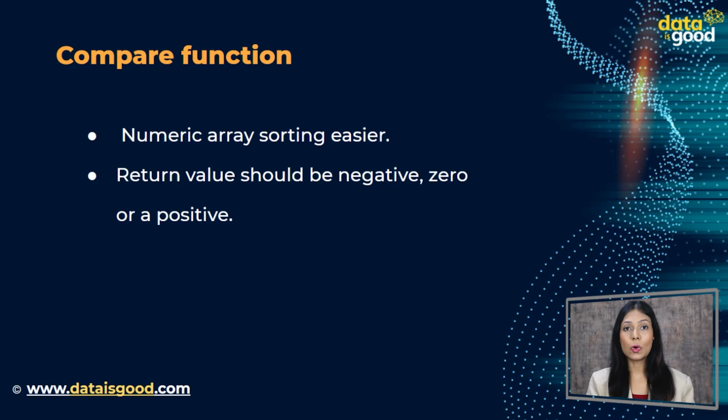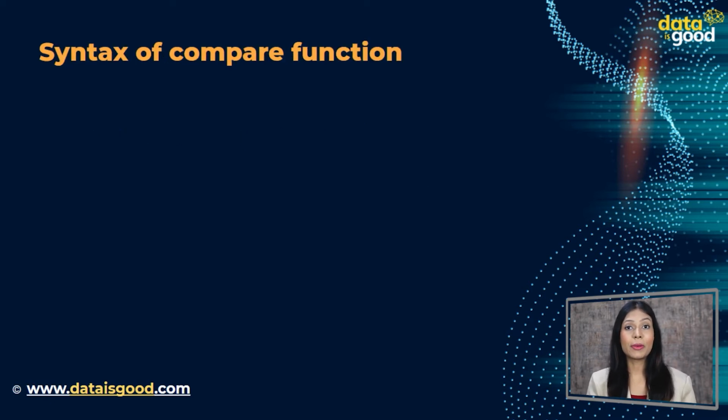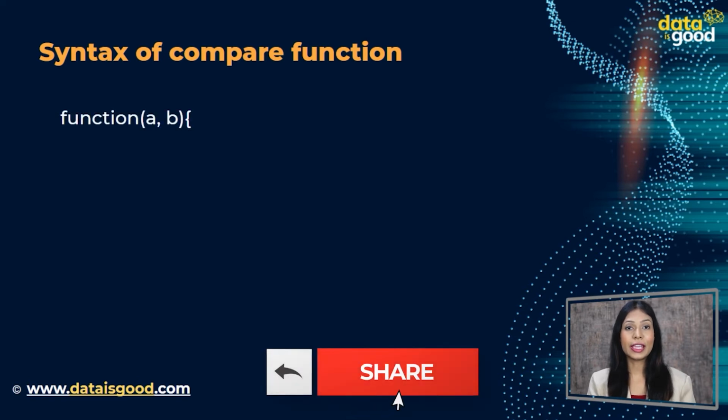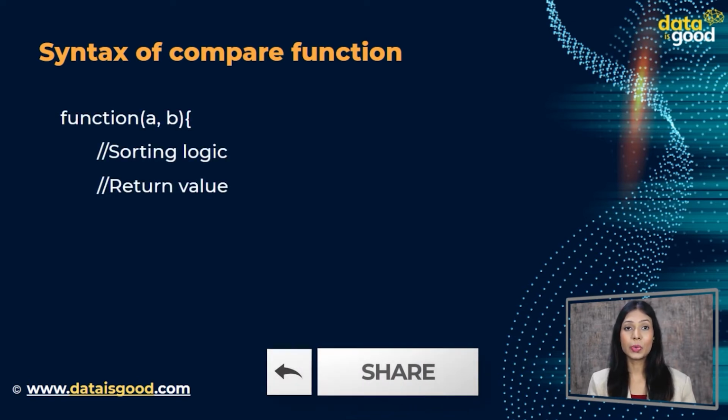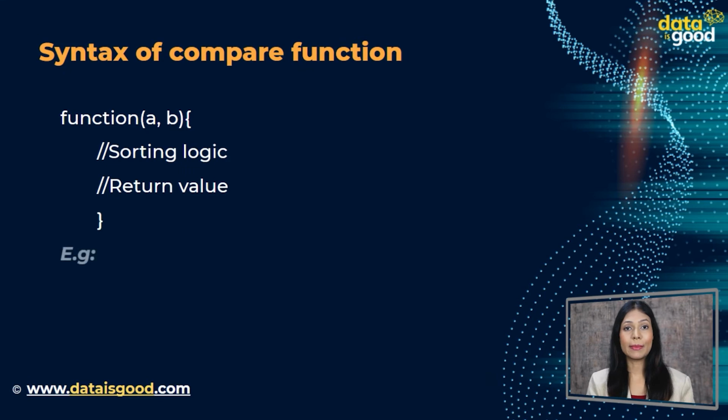The return value of the compare function should always be negative, 0, or a positive value, depending upon the arguments. The syntax is function(a, b) { sorting logic; return value }. Example: function(a, b) { return a - b }. It compares two values, sends them to the compare function, and sorts the values according to the returned value, which can be negative, positive, or 0.